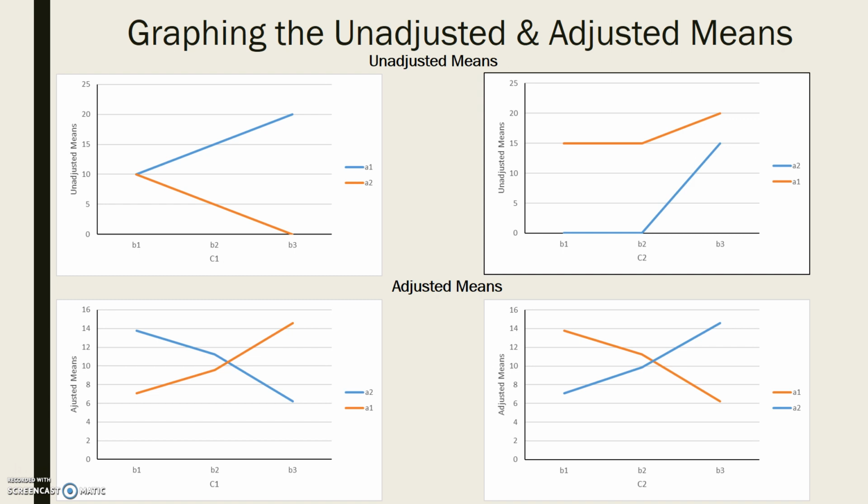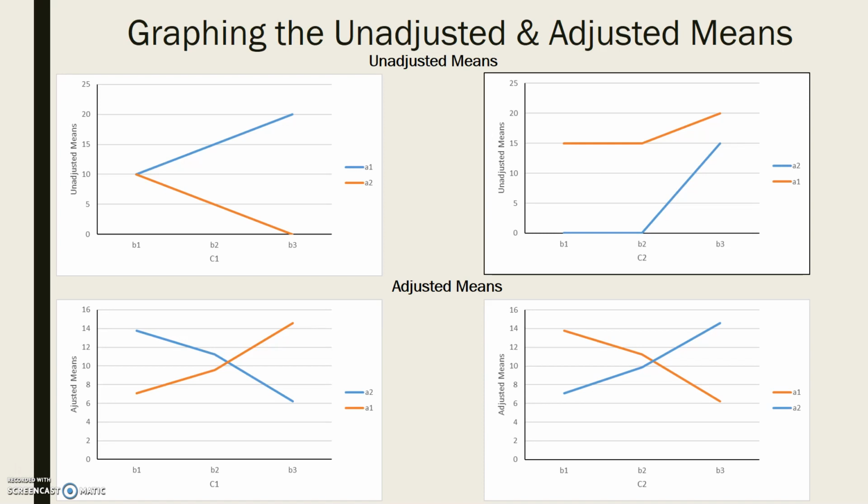On the upper left hand side, this graph is just for the 2 levels of factor A and the 3 levels of factor B, just within the first level of factor C, whereas on the upper right hand corner, it's the 2 levels of factor A, the 3 levels of factor B as we see on the x-axis, and this is just for the second level of factor C. These are the unadjusted, and so what we're seeing here is kind of an ordinal interaction. We're not really seeing any strong crossing interaction.